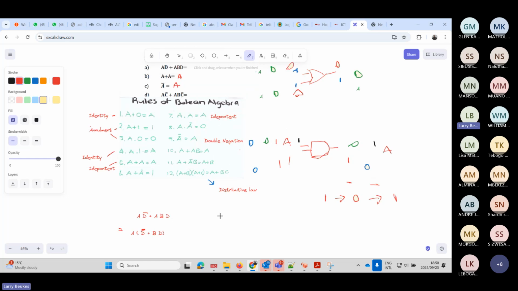This one is straightforward as well, number D. For example, we have A, C naught, A, B, C naught, and C naught here. So our common factor is basically AC naught, right?